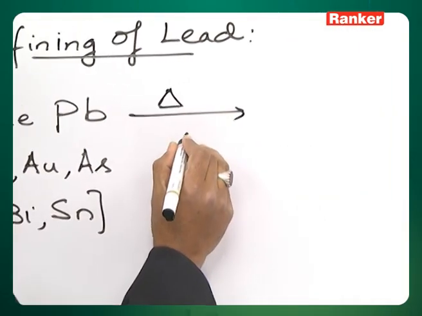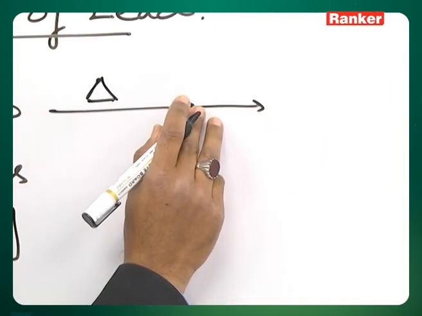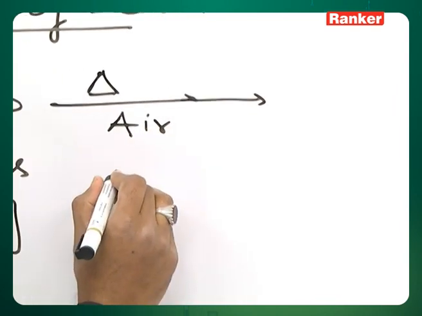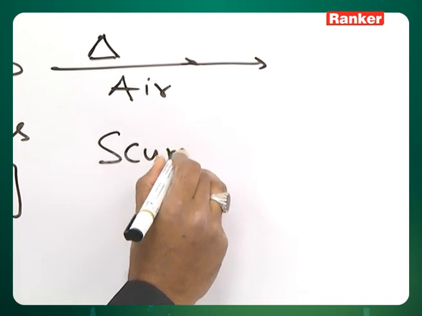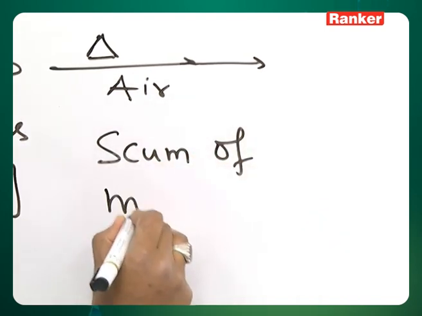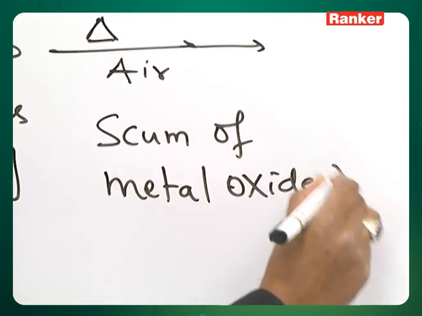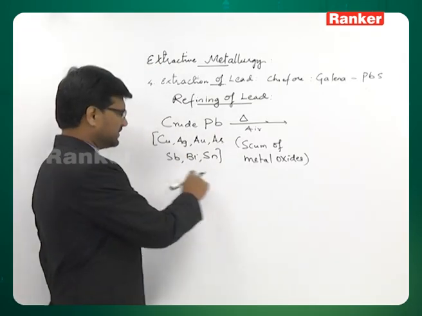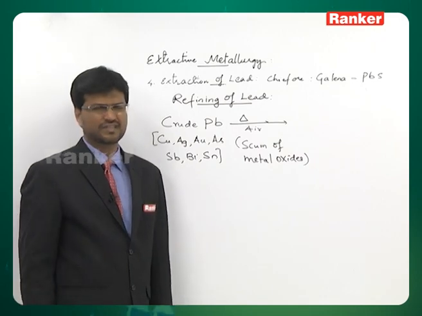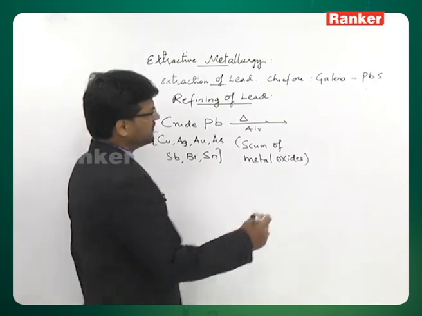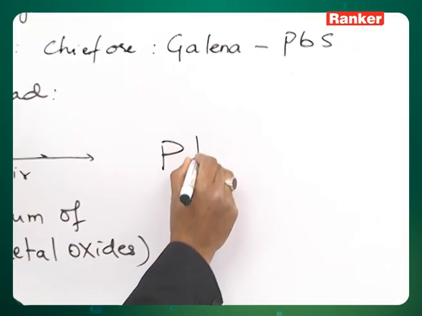So, that is the reason the process can also be regarded as softening of lead. Heat, pass lots of air, then you get a scum of metal oxides. Most of the metals in this list will get oxidized and form a scum of these metal oxides. Now you have lead.